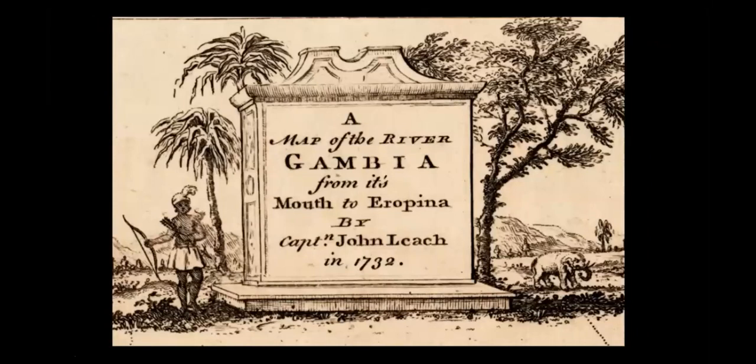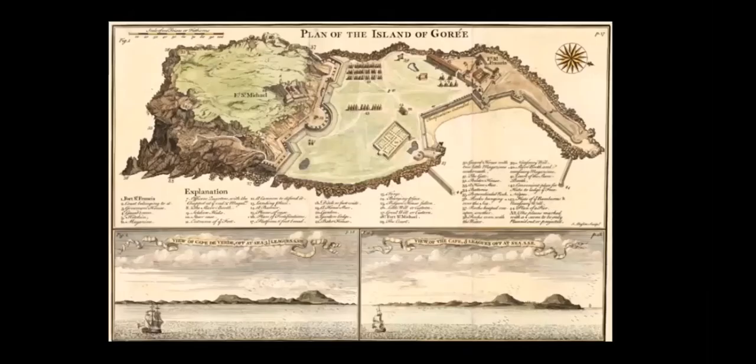We can take a look at it and demonstrate for you how it can be accessed online and studied by yourselves if you have an internet connection, a cell phone, an iPad, or a computer. Let's take a look at this particular map and also the plan of the island of Gorée, an island right off the coast of Senegal.